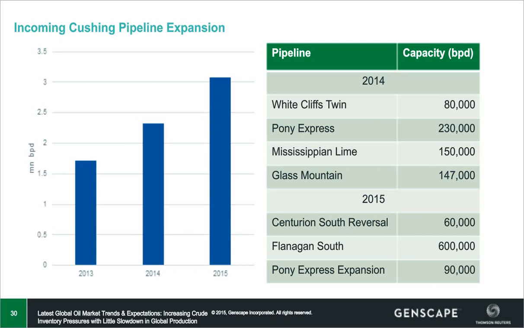I think currently they're running probably around 310, 315. The Mississippian line, the Glass Mountain, and then the large line Flanagan South, coming from Flanagan down into Cushing. All of that has allowed a lot more oil to be delivered into Cushing from Canada and the Midwest production that's been going on.